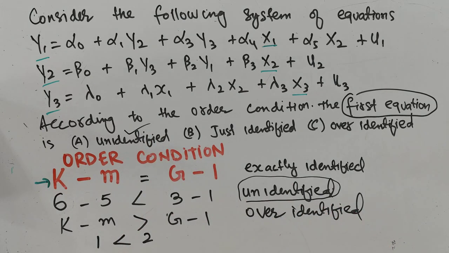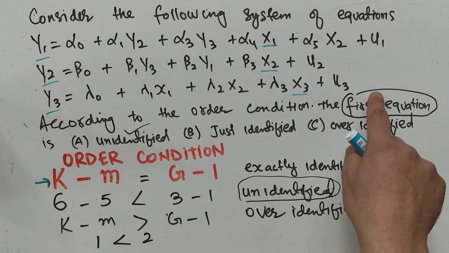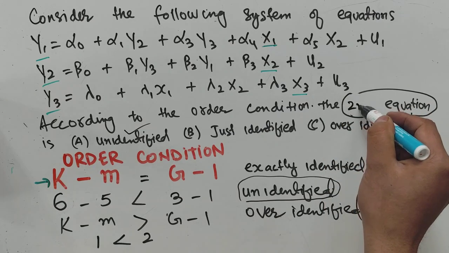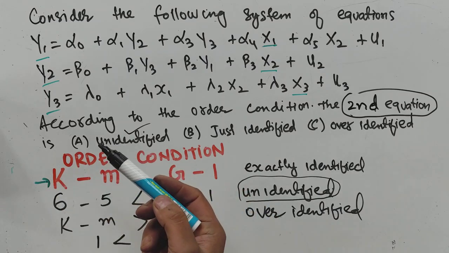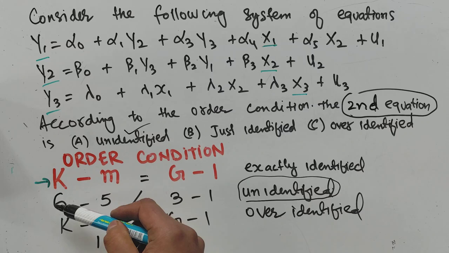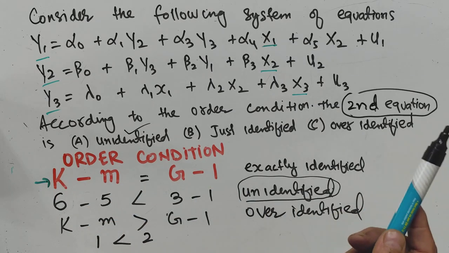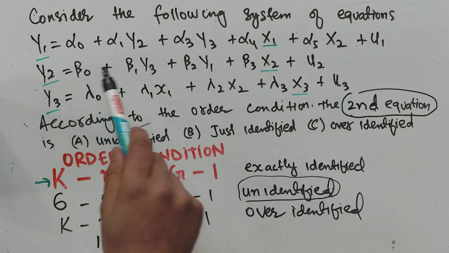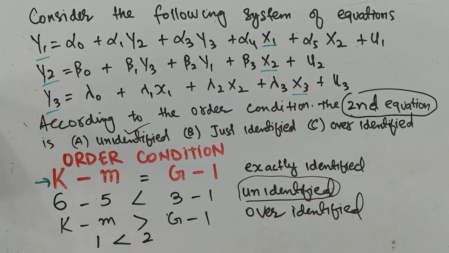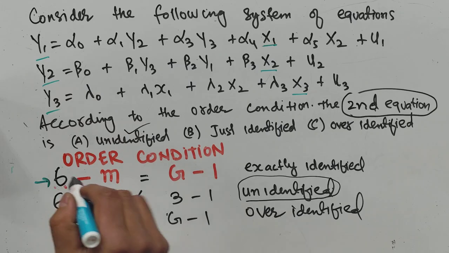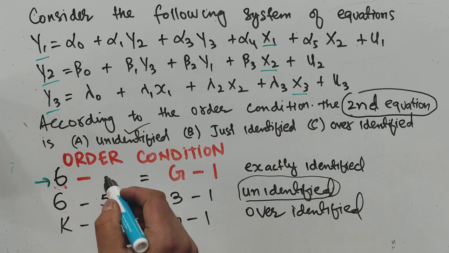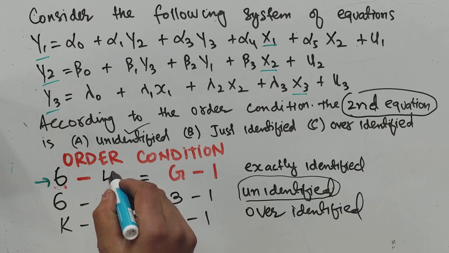The question was only about the first equation, but let us say we are being told about the second equation. The total number of variables in our model is 6, and the number of variables in the second equation is 1, 2, 3, 4, so m is 4.